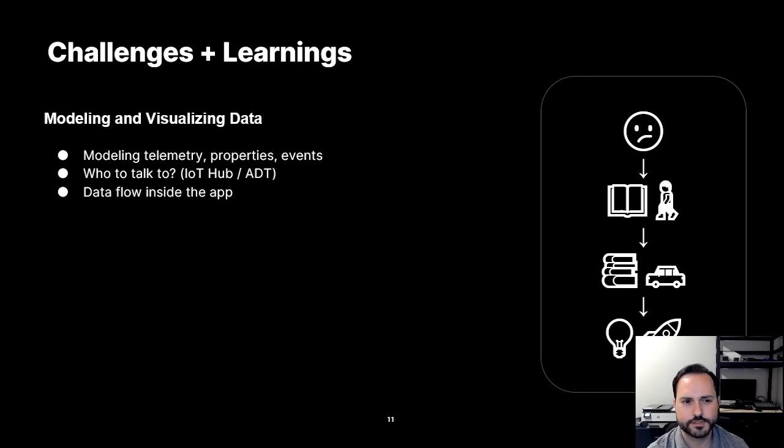One of the challenges we had was about modeling and visualizing data. Not that we had problems necessarily, but it was challenging to take such a complex system and present it as simply as we could.